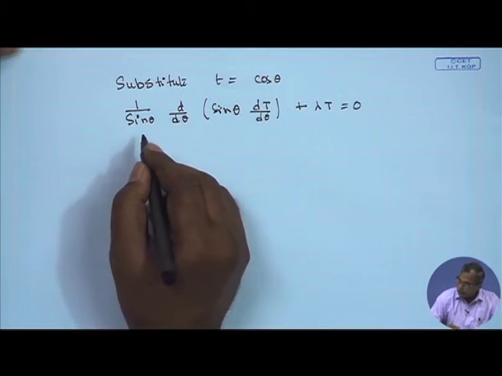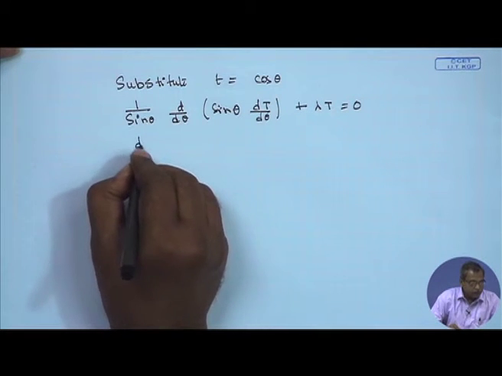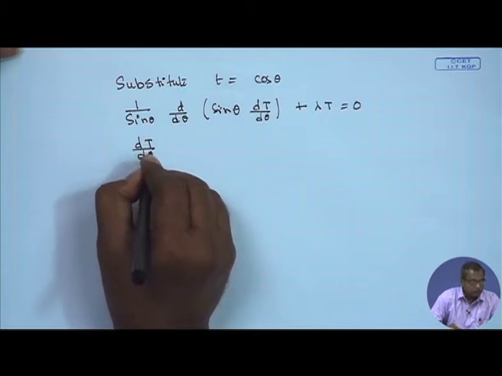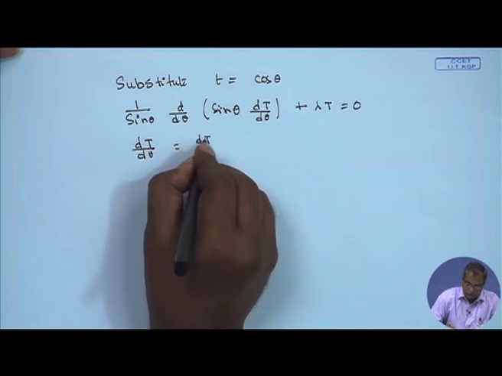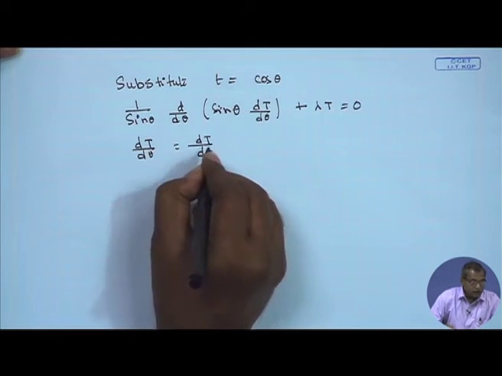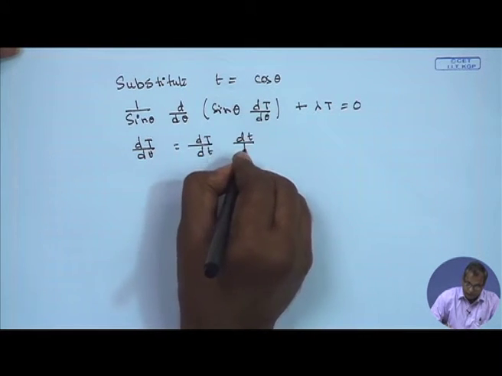So, dt d theta will be nothing but dt dt times dT d theta.